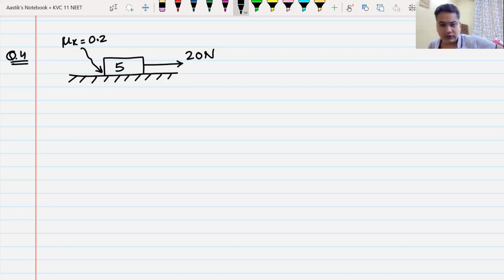It is a rough surface, so the coefficient of kinetic friction is given as 0.2. You have to find out, number 1, the value of Fk, and number 2, A. What do you mean by A? A is the acceleration of the body. So you have to find out the frictional force acting on the body and the value of acceleration of the body. Remember, here I have applied a force of 20 newtons in the forward direction.